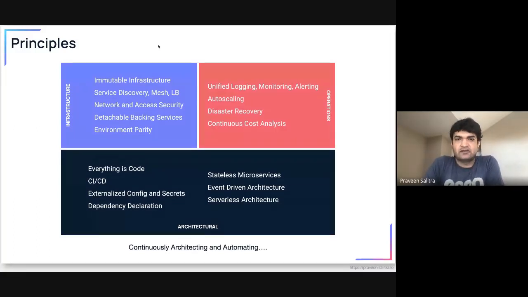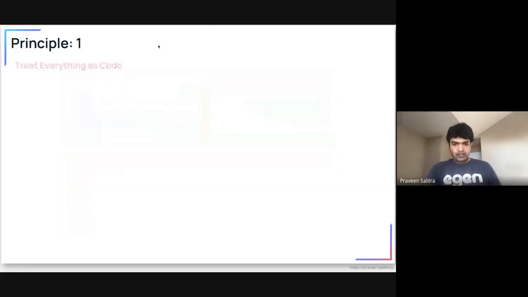These days, everything is online. Even your Office now is Office 365, the MS Office I'm talking about. Your operating systems need constant updates. So everything is a living and breathing thing. So you have to keep in mind that whatever great app or platform you create once, you have to continuously keep architecting it, automating it and simplifying it. These principles will make that easier. So let's start with the first one.